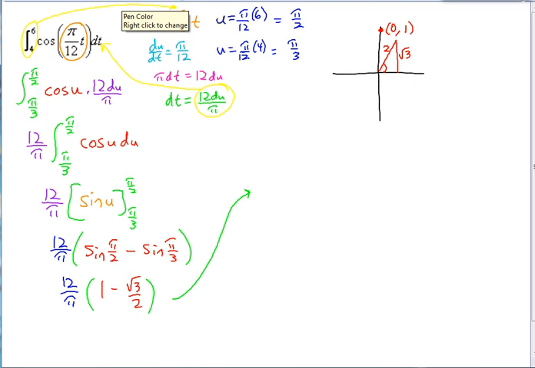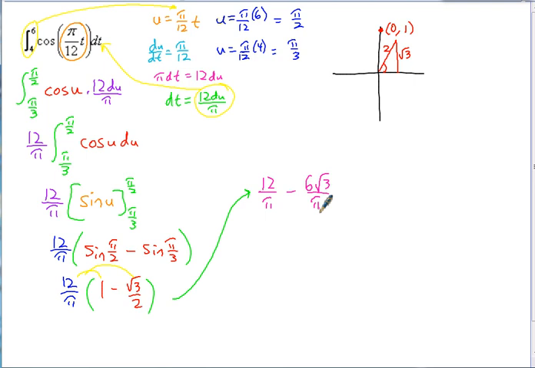But to make it a little simpler, what you could do is just distribute out that 12 over pi. So 12 over pi times 1 is just 12 over pi. And then minus, when you multiply 12 over pi times radical 3 over 2, notice the 3 goes into 12 6 times, so that'd be 6 radical 3, and we'd still have the pi left on the denominator.